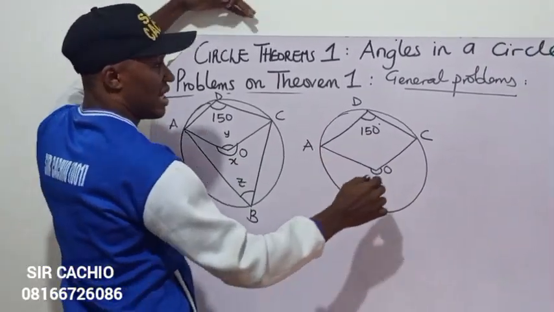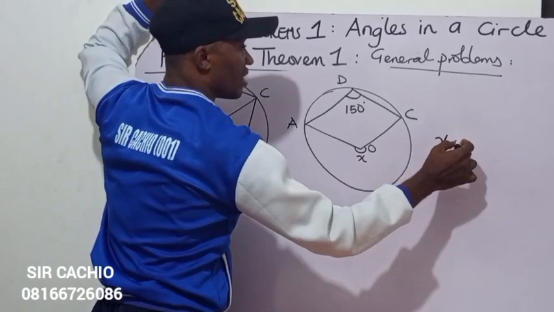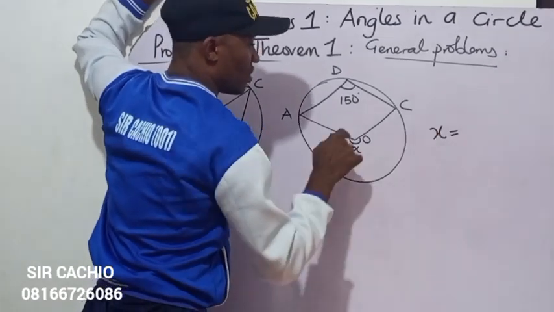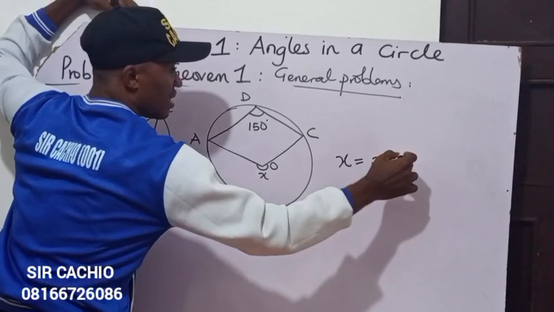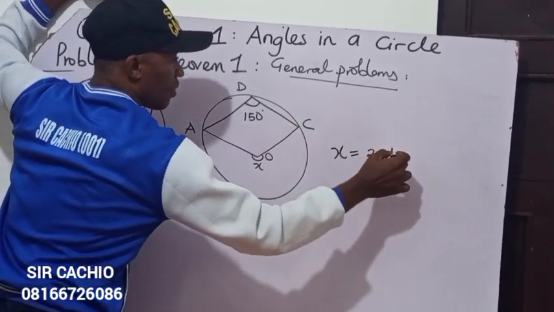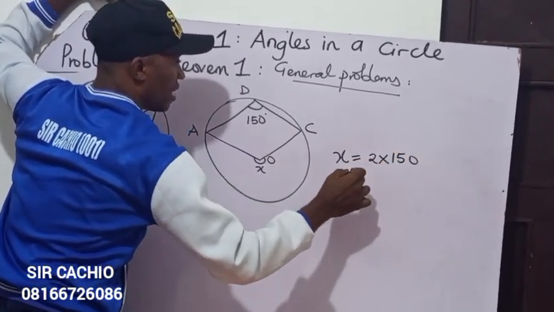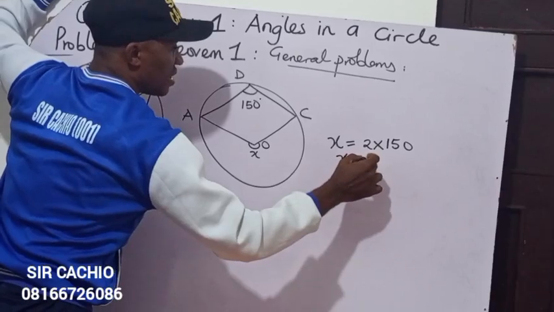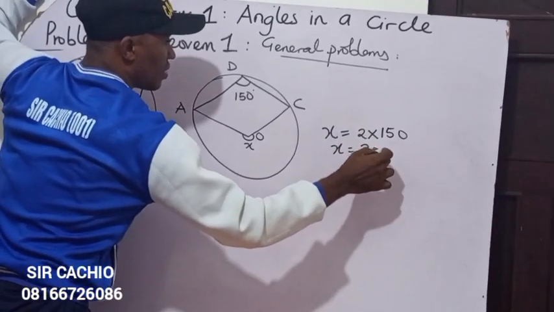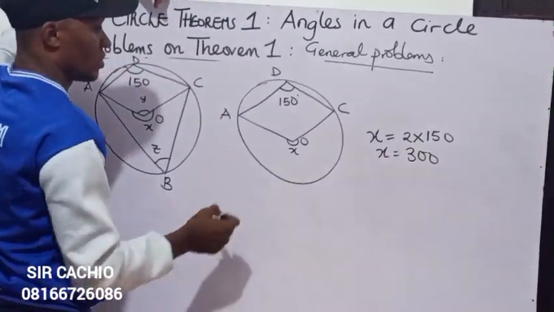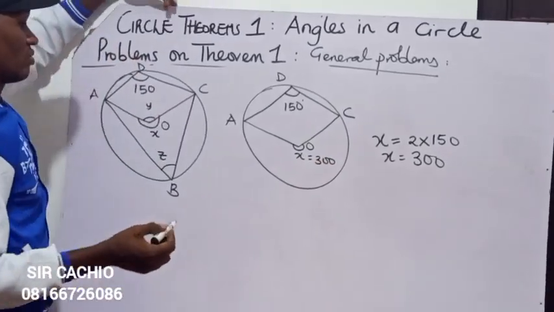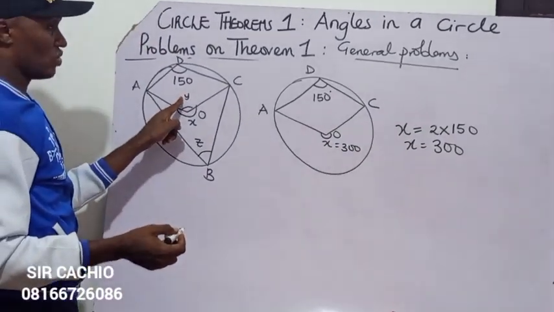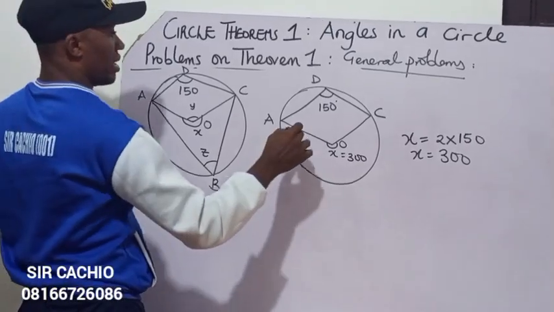If you can see something like that, it's simple. From here, you can get that x, which is the center, is 2 times the circumference, which is 150. So 2 times 150 is 300. So we have here to be 300. Now, in the same problem, we have here to be y.